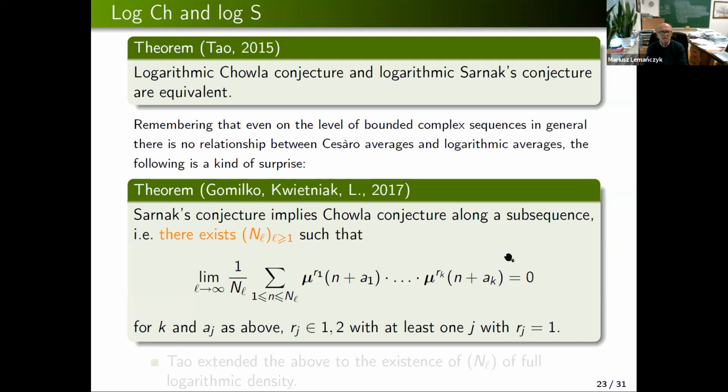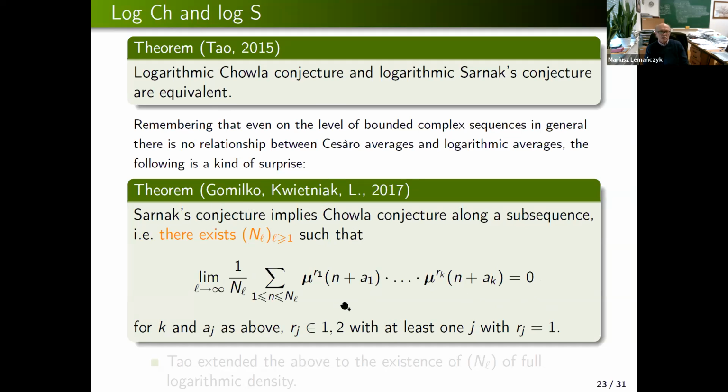So in general, there are no relations between logarithmic averages and Cesaro averages. Nevertheless, using Tao's theorem and some other arguments, we prove that Sarnak's conjecture implies the Chowla conjecture, but along a subsequence. That's joint work with Alex Kolmilko and Dominik Kwietniak. In other words, we prove that there is a sequence N_L such that all these autocorrelations vanish.